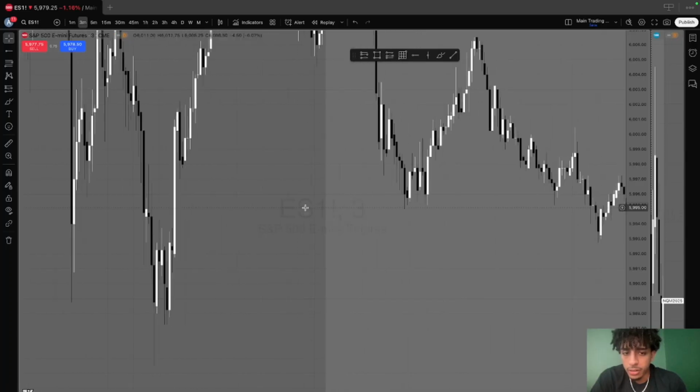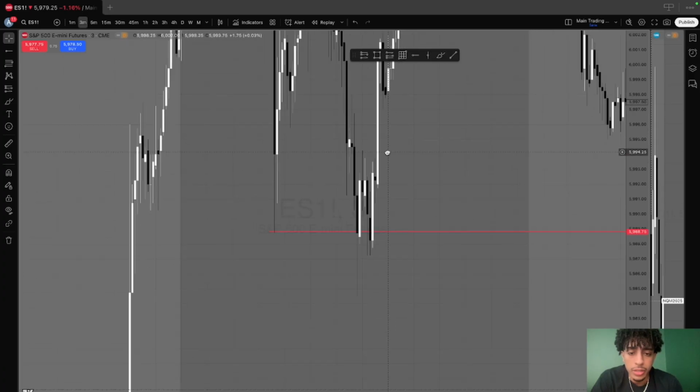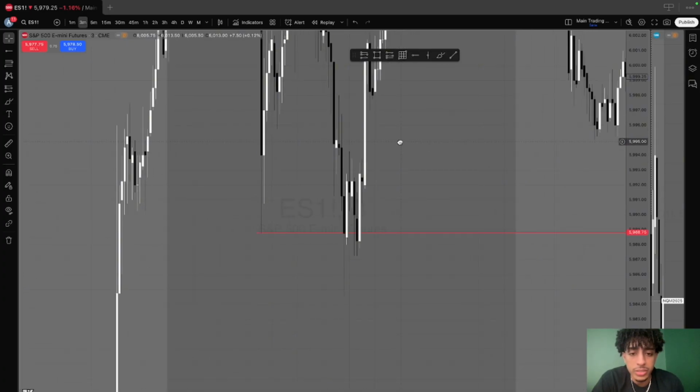We have another one right here. So first, liquidity sweep. Bang. We sweep this liquidity. Right? And then we would need to see a break above what series of candles? I'll give you a second. In this case, we would need to see a break above the top of the body of this candle.